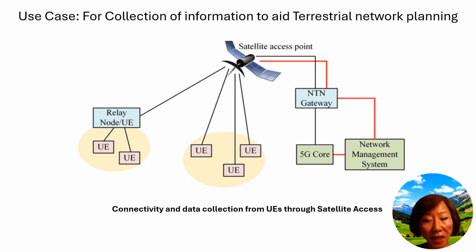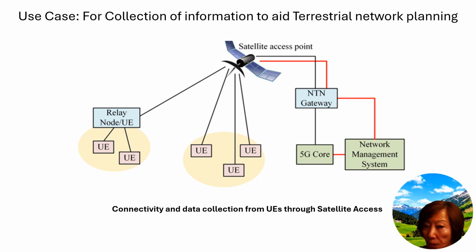The network management is included on this picture to indicate the ability to monitor and control the entire network, as I said earlier, including the satellite and terrestrial components. The architecture here supports multiple UEs and can likely scale to accommodate many more devices as needed. So scalability is a component you need to consider when designing this kind of network.